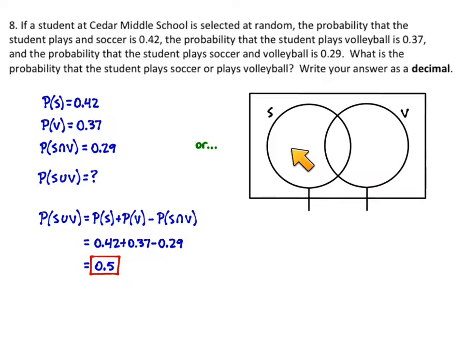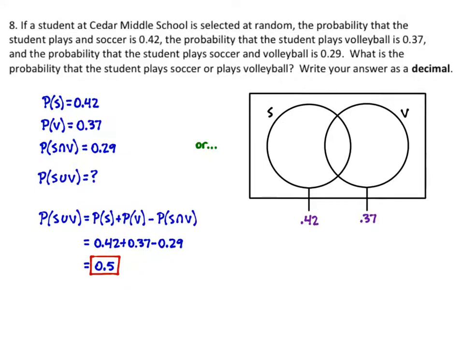That is not correct. The 0.42 is the total probability of soccer players. So if I put it here, this region is not the total S. The total S is represented by both of these pieces right here. So we have to put 0.42 at the bottom. Same thing with volleyball, 0.37 at the bottom.